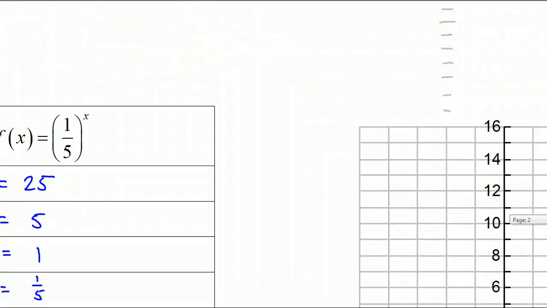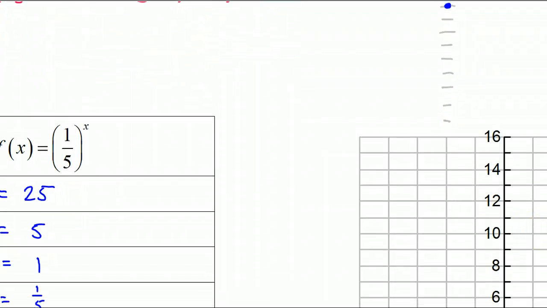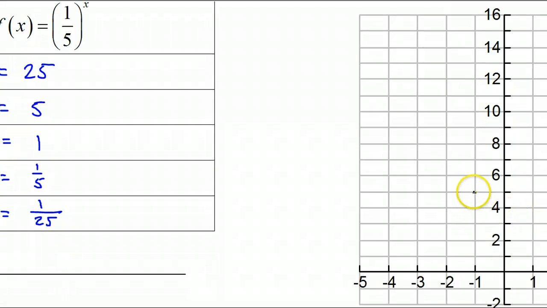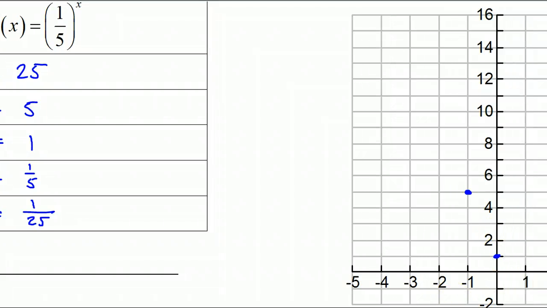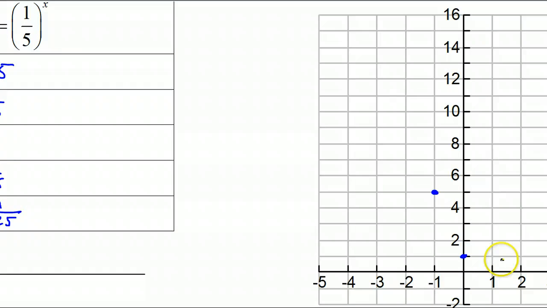Okay, at -1, I'm way back down at 5. And then at 0, I'm at 1. Okay, and then at 1, I'm at 1/5, which is really close to 0. And then at 2, I'm at 1/25, which is so close to 0 that it's going to look like I'm at 0.